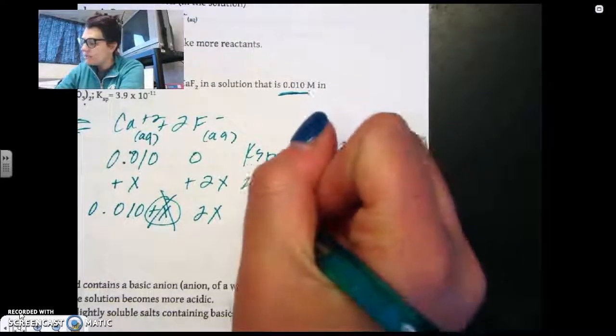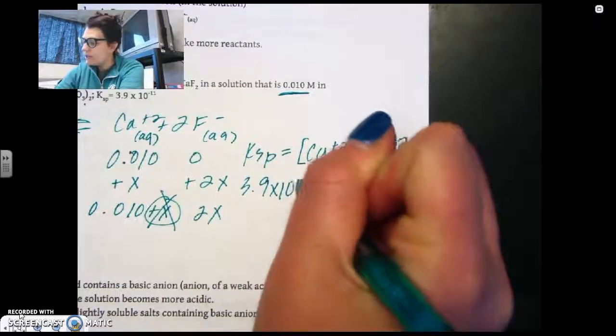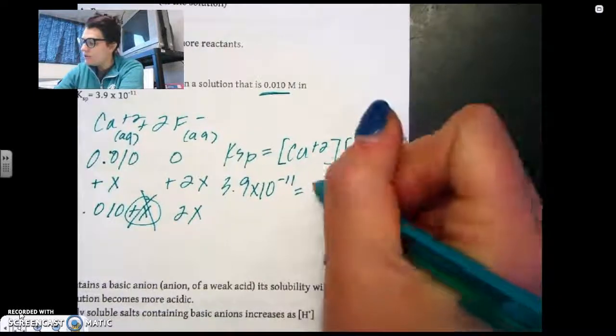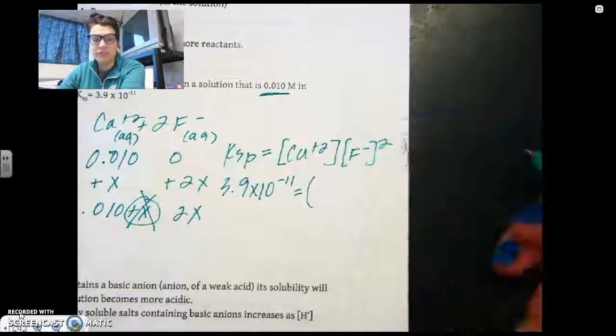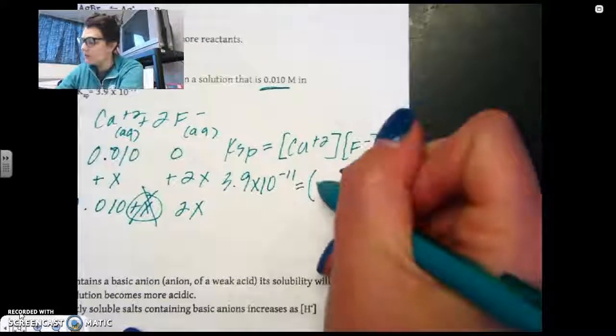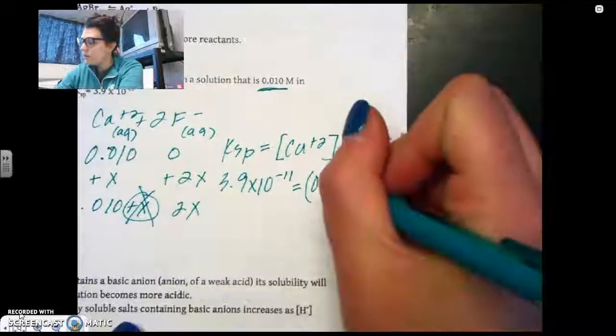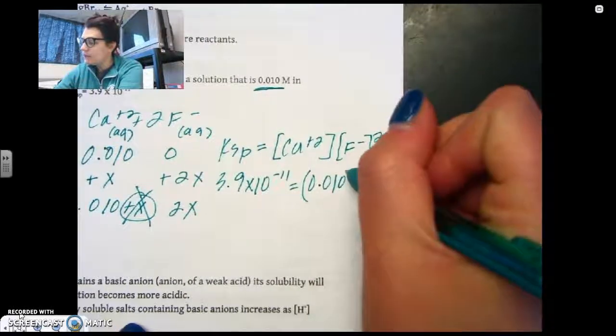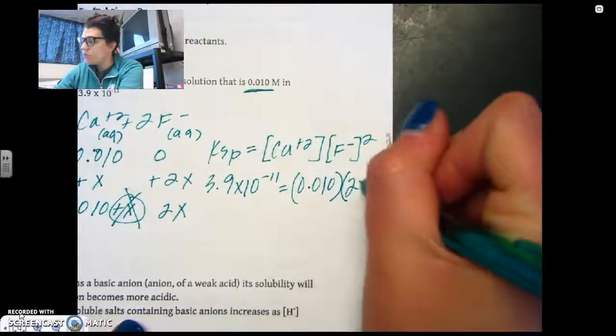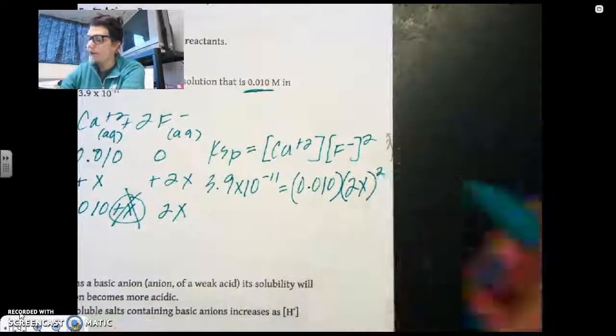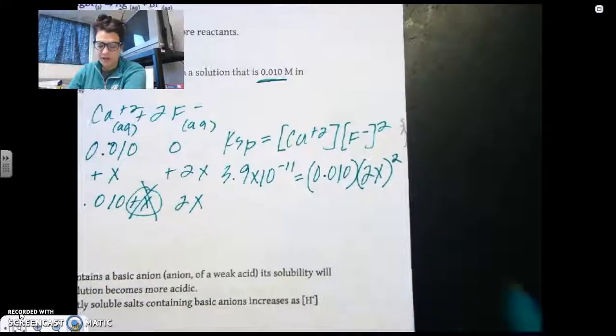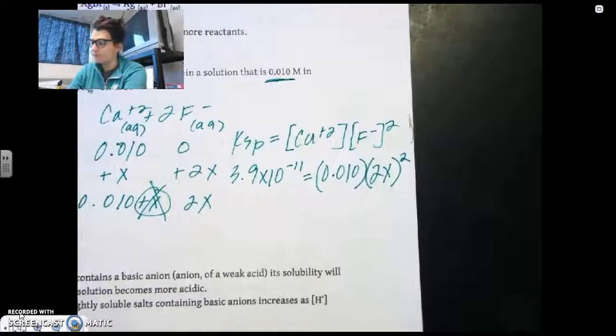Then we can say 3.9 times 10 to the negative 11th is equal to, now calcium actually starts with something instead of just being x, so it's going to be 0.010 times our (2x) squared. And then you can solve for x in doing this problem.